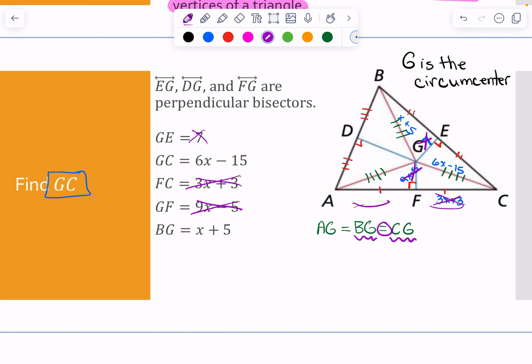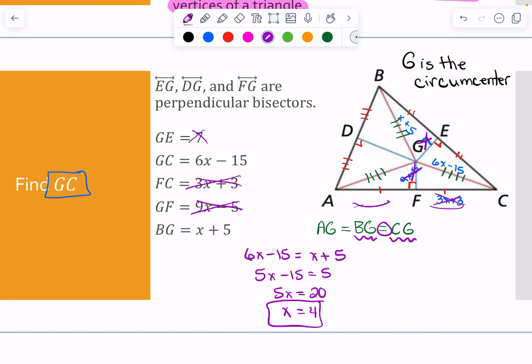So therefore, I'm going to take 6x minus 15, set it equal to x plus 5. Now I'm going to minus my x, so I get 5x minus 15 equals 5, which is going to give me 5x equals 20. So that's going to tell me that x is equal to 4.